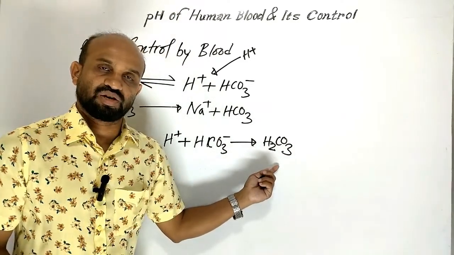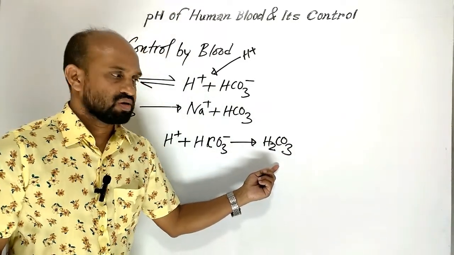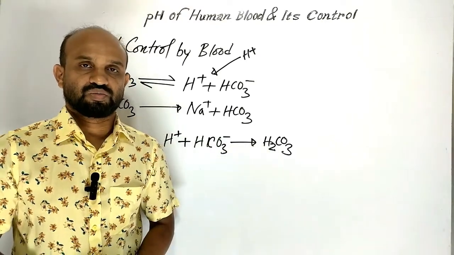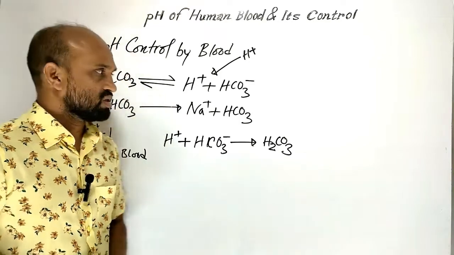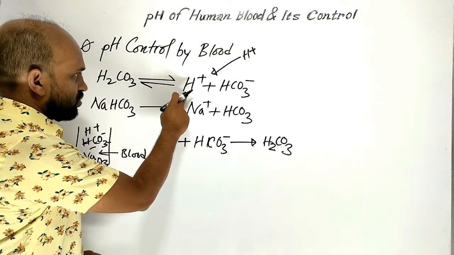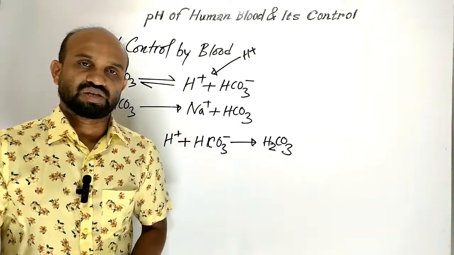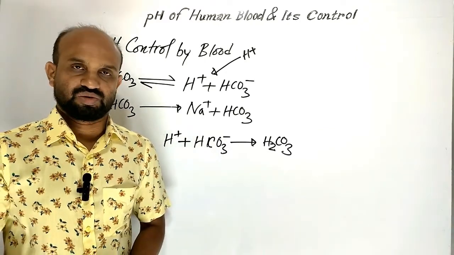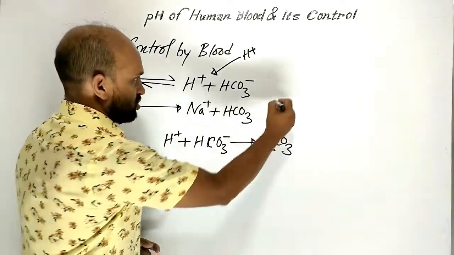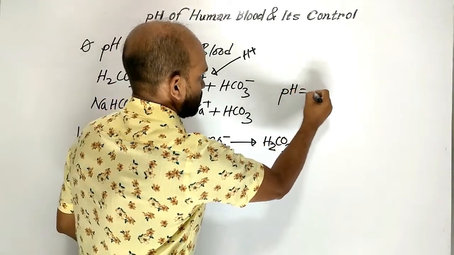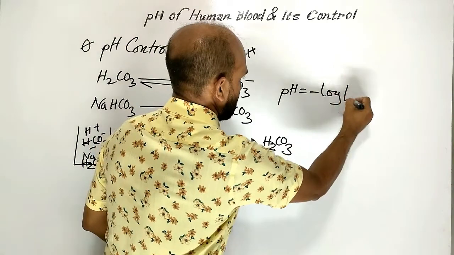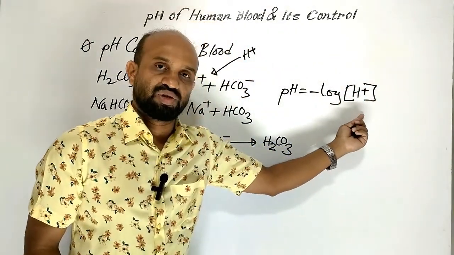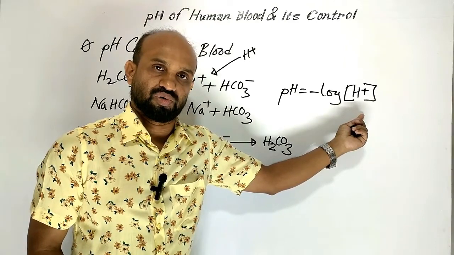Carbonic acid is a kind of weak acid, so this carbonic acid doesn't reproduce proton. That is why concentration of proton remains unchanged and no change in the pH value, because we know pH is equal to minus log of hydrogen ion concentration. pH value depends on the concentration of proton.